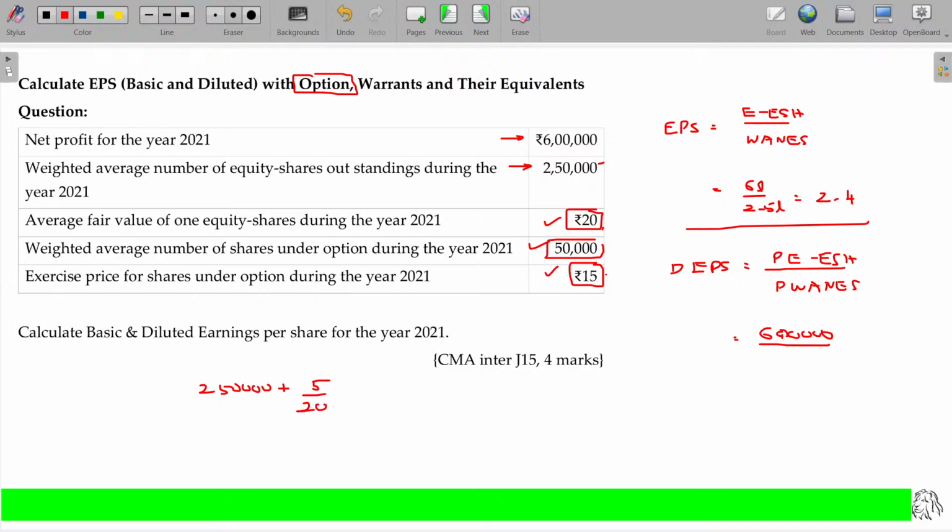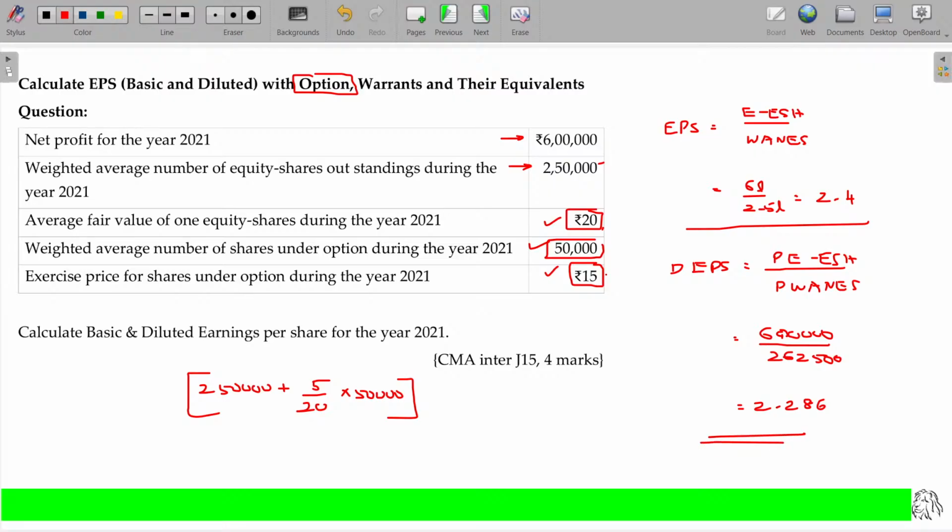How many options are there? 50,000 options are there. Then what is the final value? I think it is 2 lakhs 62,500. Then diluted EPS in this case being 2.286.